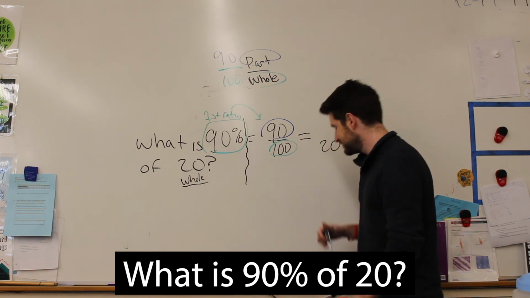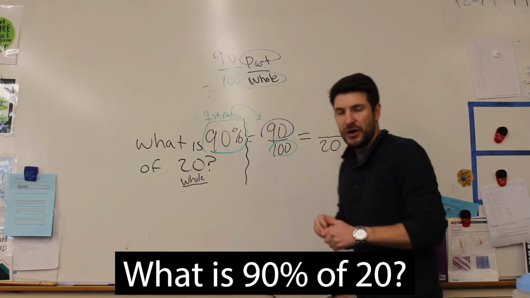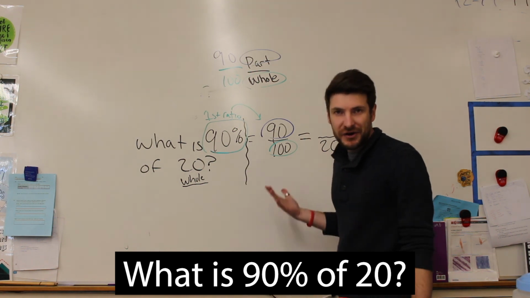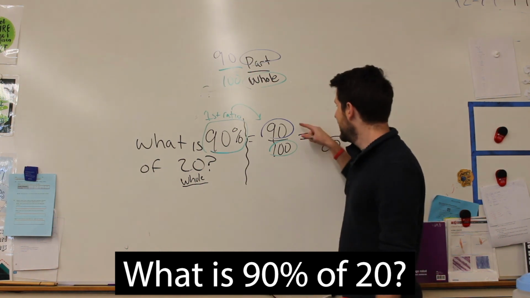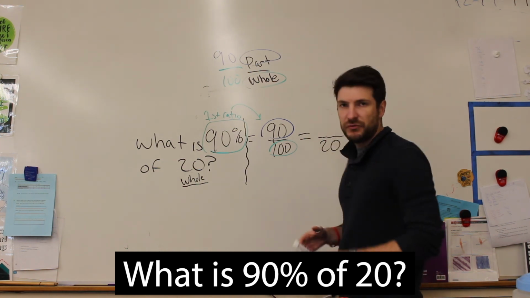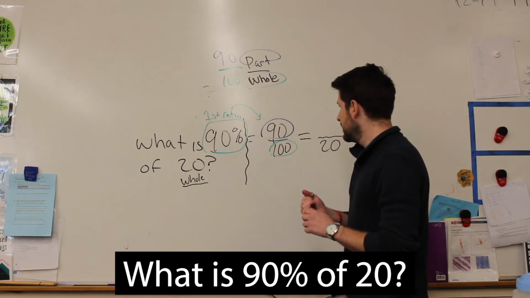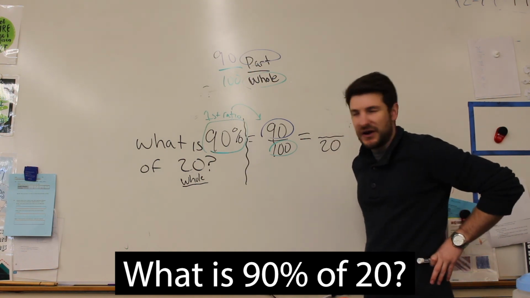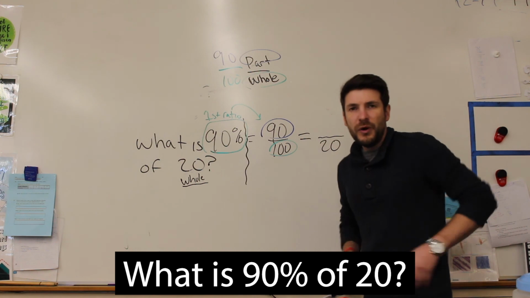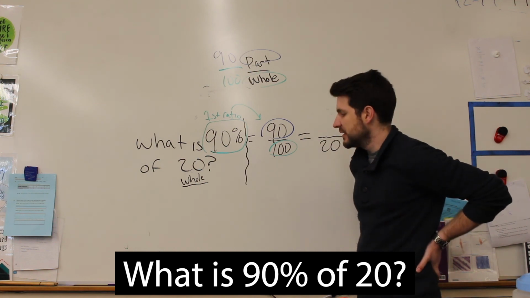So, 20 out of 20, 100%. 90 over 100, you want to figure out what over 20 is 90%. Hey, this is starting to look familiar. 90 over 100, blank over 20. What should we put in that blank?